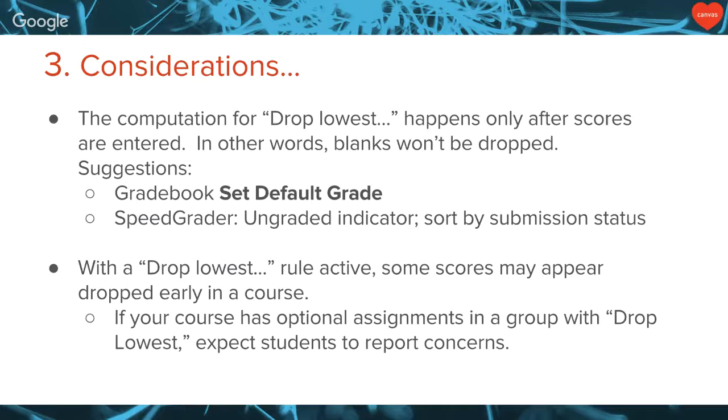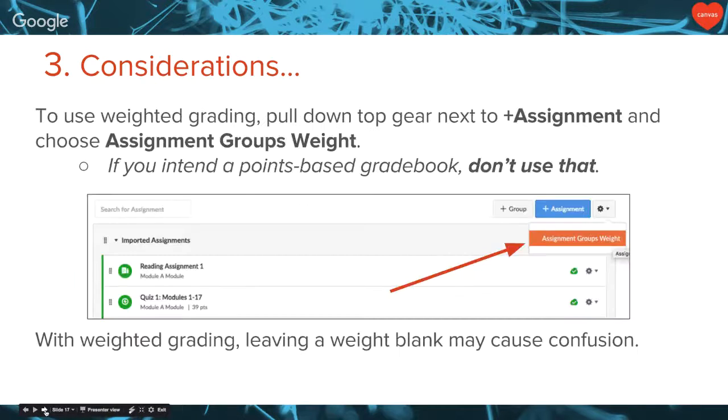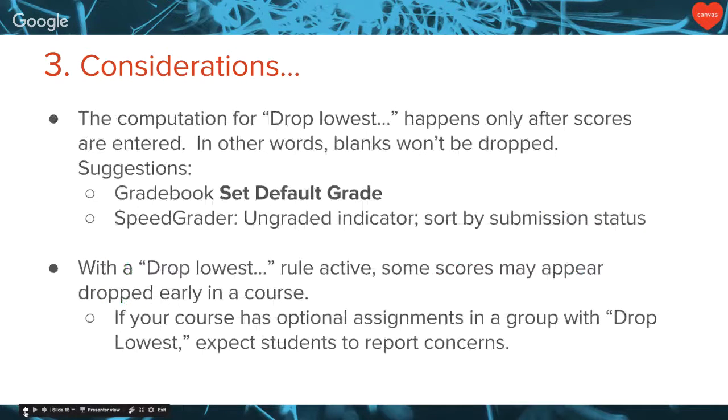So another consideration is that with a drop lowest rule active, some scores may appear dropped early in a course. What that means is that let's say that you're going to have 5 grades count, and you've set a drop rule that you're going to drop 2.